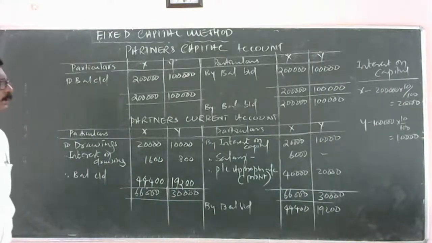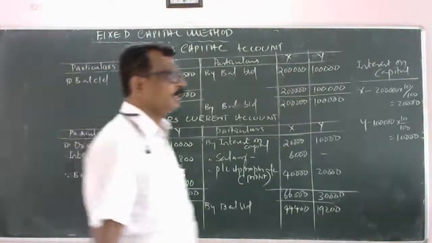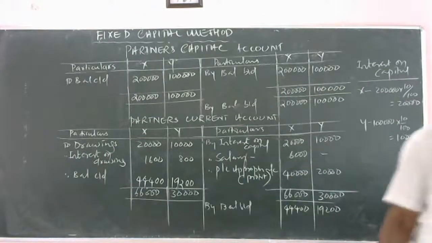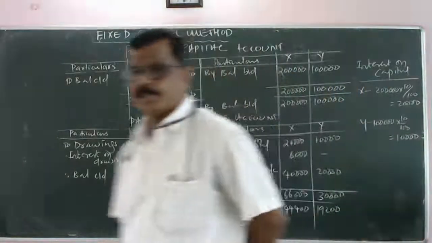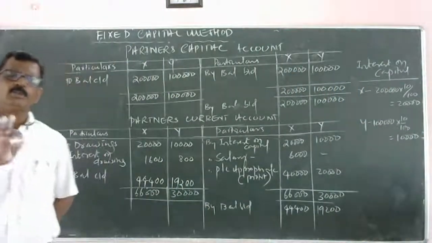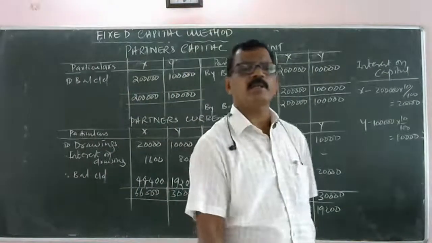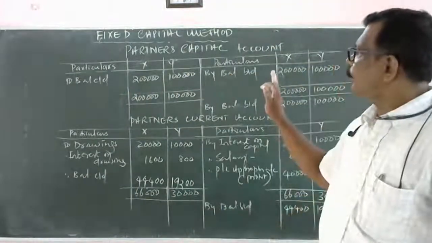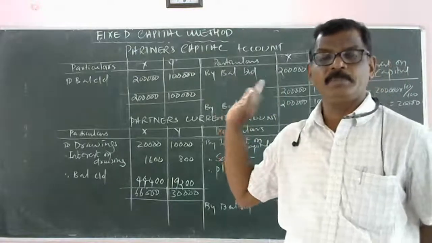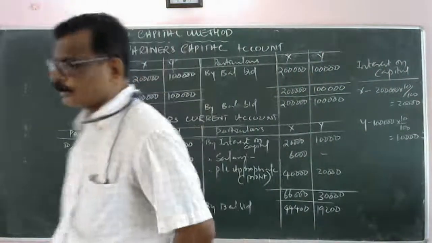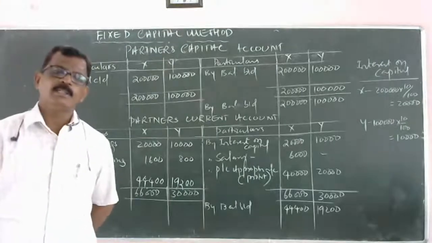Interest on capital is 20,000 X and 10,000 Y. Interest on capital is calculated on the opening balance because there is no additional capital and no withdrawal. So this is how you have to prepare partners current account and capital account under fixed capital method, isn't it?